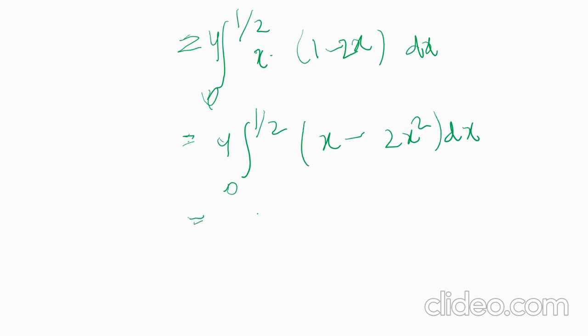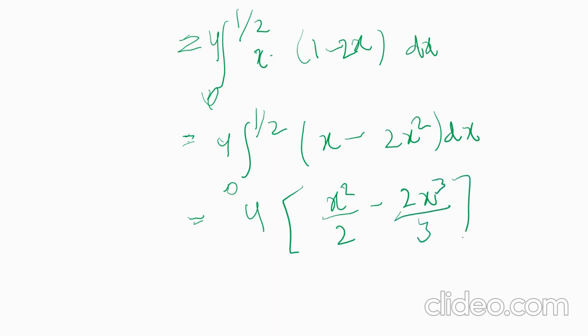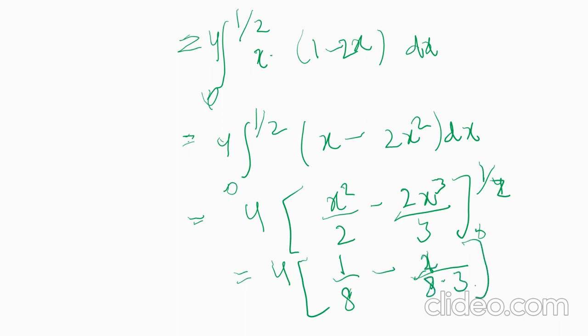Now this expectation will be equal to 4 times the integral from 0 to 1/2 of (x - 2x²) dx. So it will be what? 4 times, for x it will be x²/2, and for this it will be 2x³/3, and the range will be from 0 to 1/2. So 4 times 1/8 minus 2/(8·3).